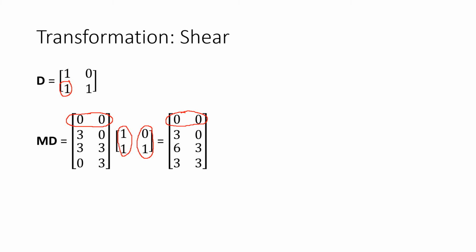The other values, in this case, we notice that there are some changes in the output. 3, 0 is still the same as before, but the 0, 3 becomes the 1, 3, the 3, 3 becomes the 6, 3, and so we see that, again, the origin stays fixed, the point 3, 0 stays fixed, but then the other 2 points are changed as a result, transformed as a result of this shear.